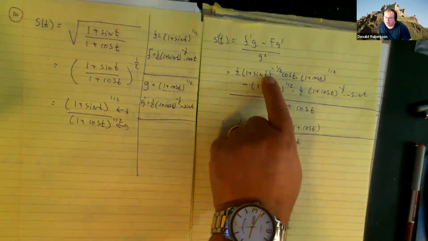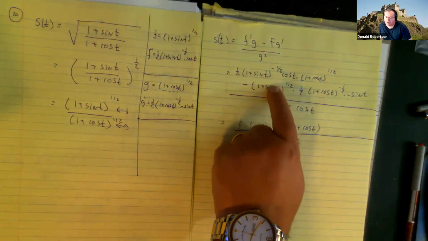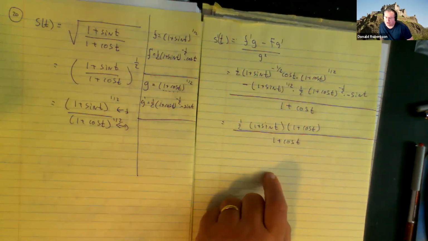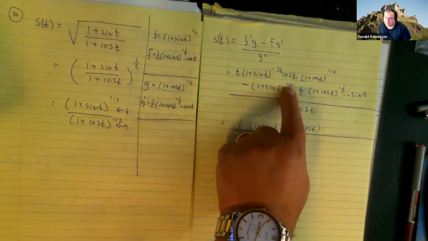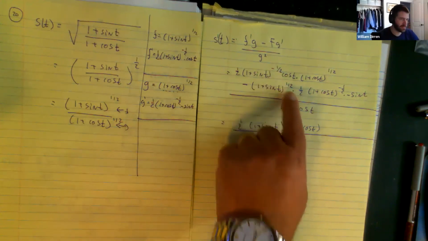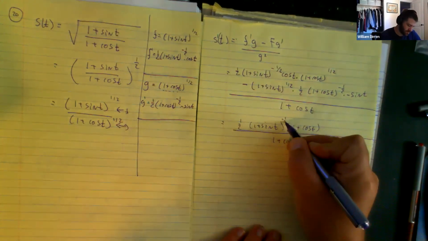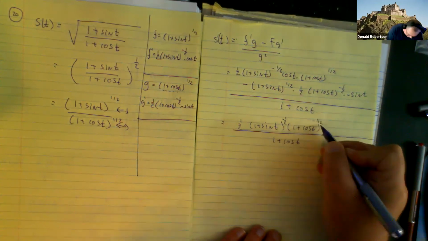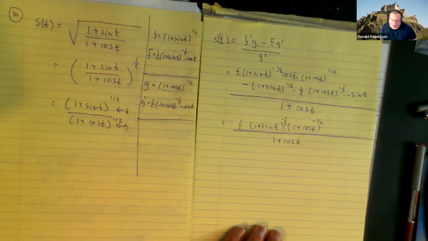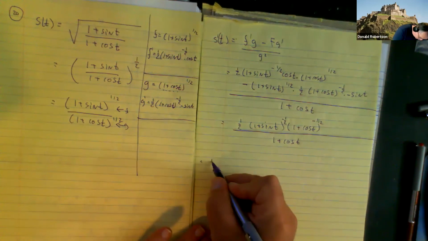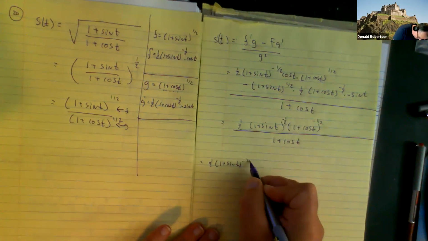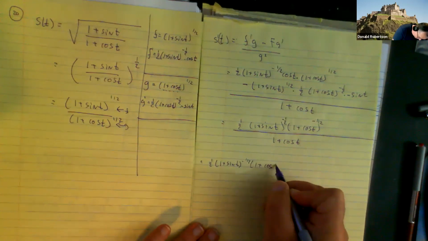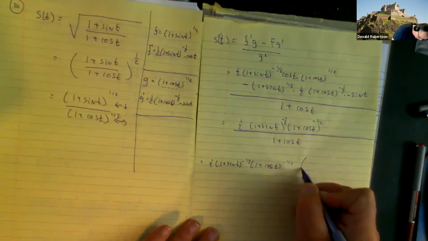Which power of 1 plus sine t do we use as a common factor? The negative 1/2. And can we say that you also use negative 1/2 for the other term? And don't write this down. I've just realized I don't have enough room. So I'm going to have to squeeze it over even further. I'm not doing anything different here. I'm just trying to give myself some more room.